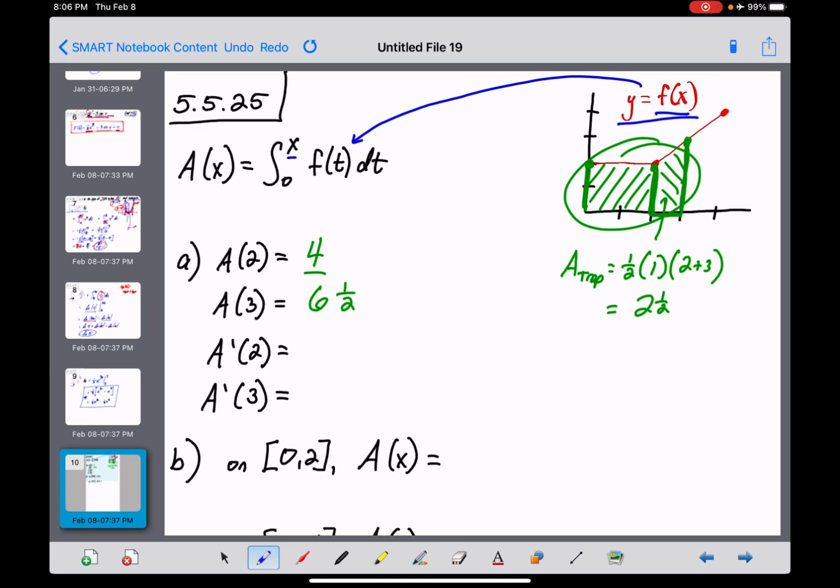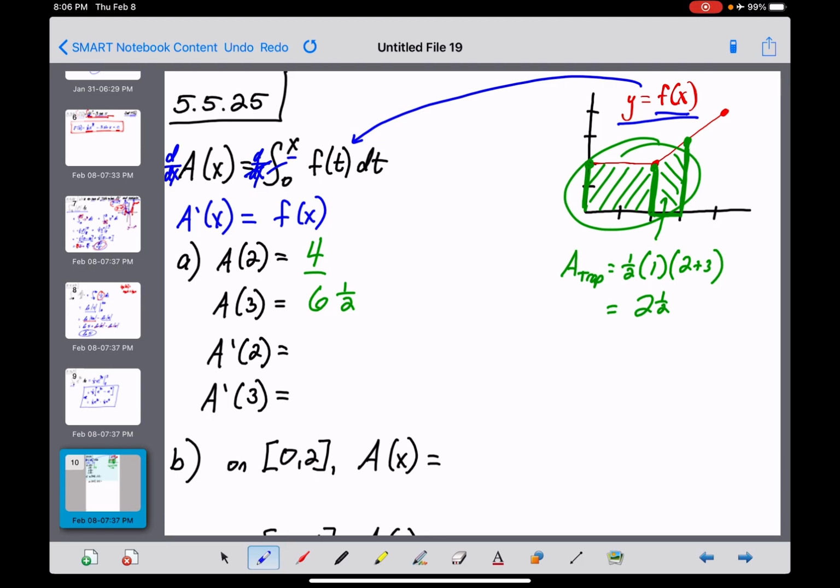Now, how are we going to do it? We're going to take the derivative with respect to x of both the left and the right side. The derivative of A of x is going to get us A prime of x. And on the right side, here's where the magic happens, derivative with respect to x of the definite integral from 0 to x. The derivative and the integral just wipe each other out, and we end up with f of x.